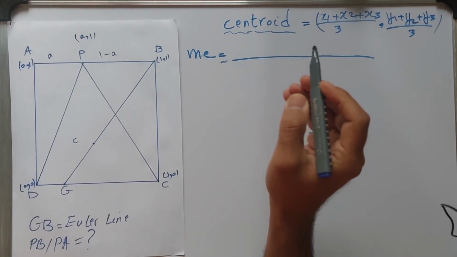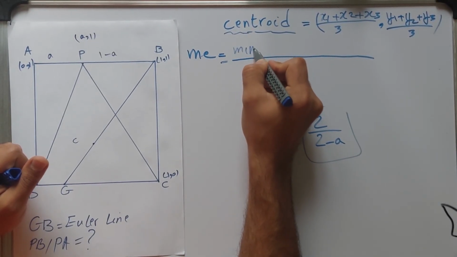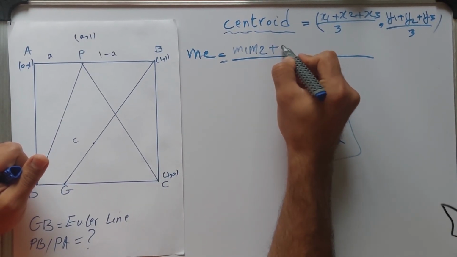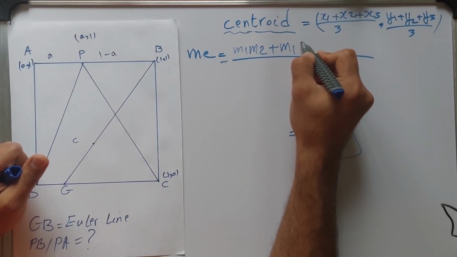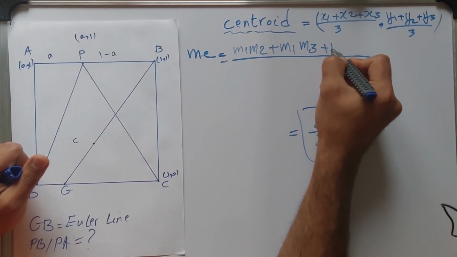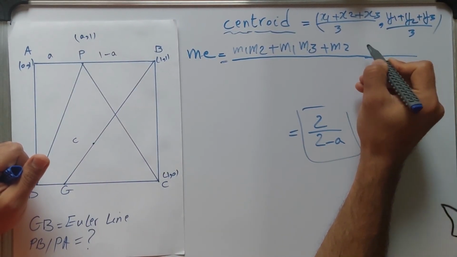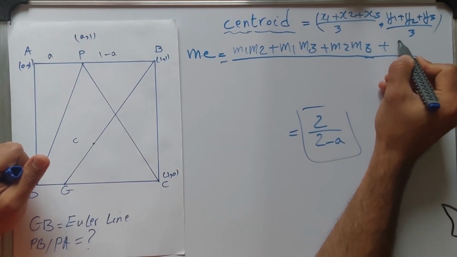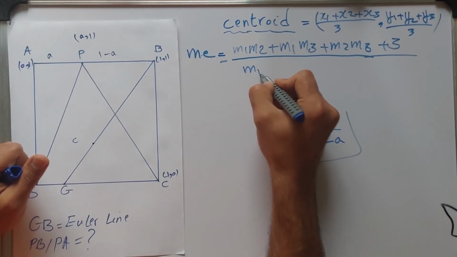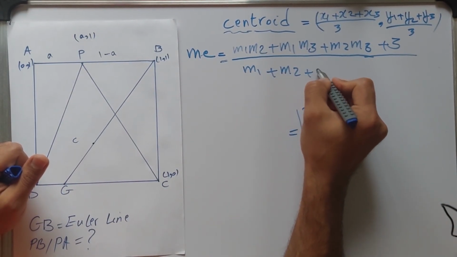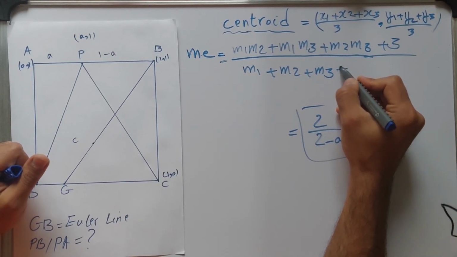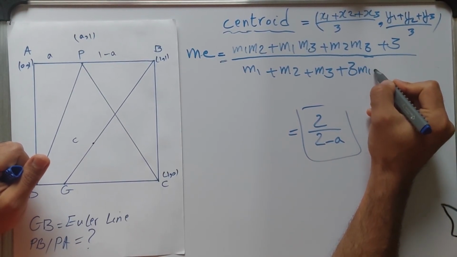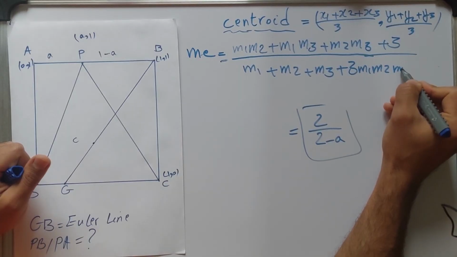So that's minus m sub 1, m sub 2 plus m sub 1, m sub 3 plus m sub 2, m sub 3 plus 3 over m sub 1 plus m sub 2 plus m sub 3 plus 3 times m sub 1, m sub 2, m sub 3.